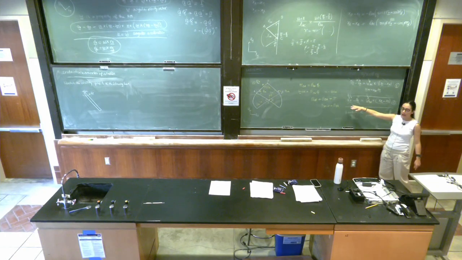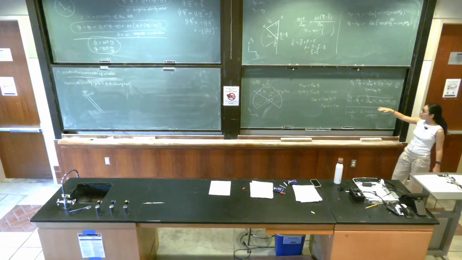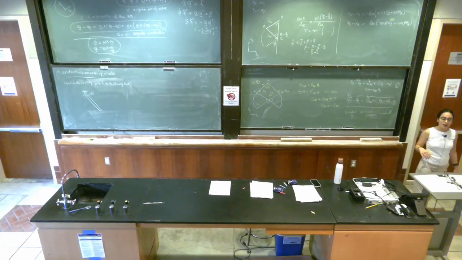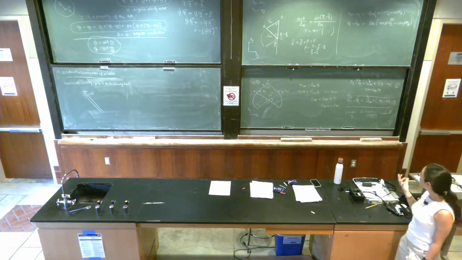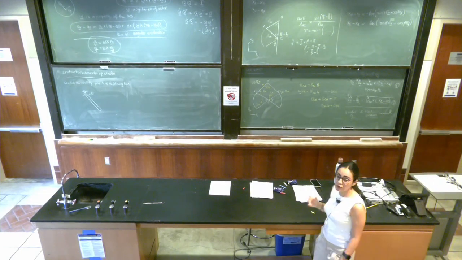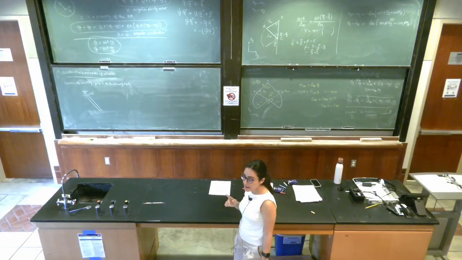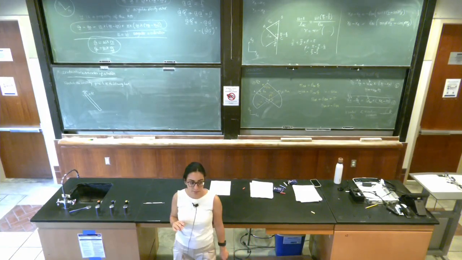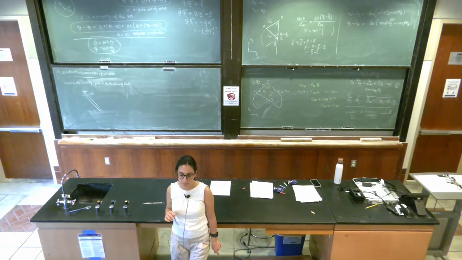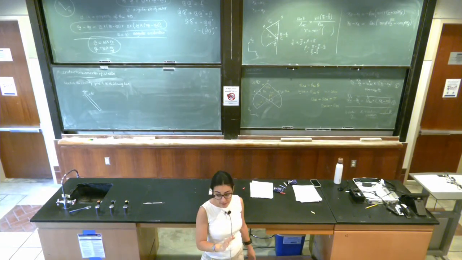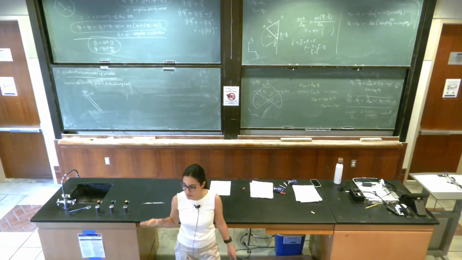So then VA is equal to omega OA cross XA minus XO. What does this say about the direction of VA? If VA is equal to the cross product of two vectors, what does this say about the direction of VA? It is what? Exactly. VA is perpendicular to both of these vectors.